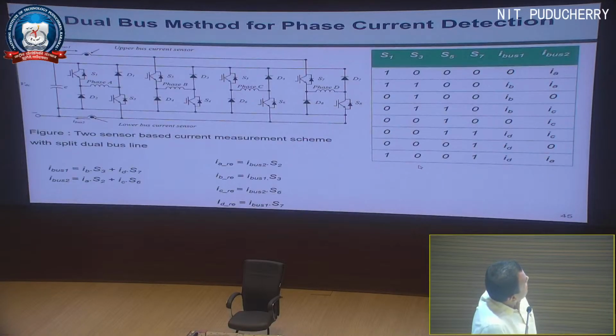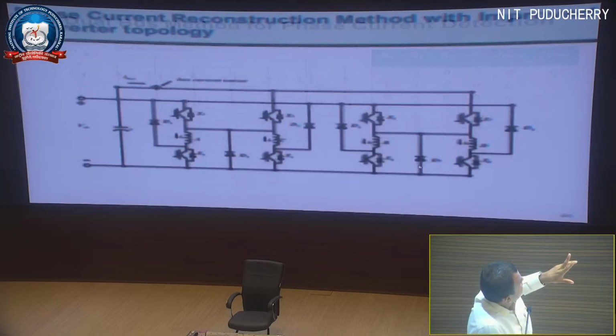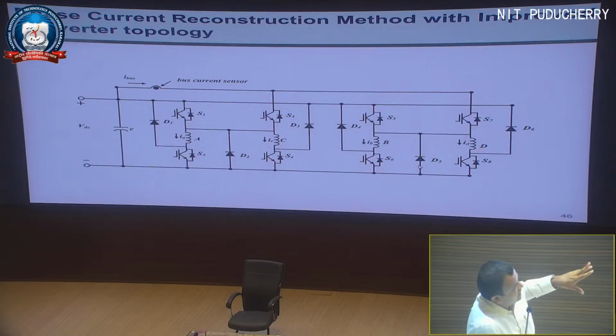This particular scheme reported in the literature uses only two current sensors, and in the third literature they completely modified the converter, and with the help of one current sensor they also modified the converter.